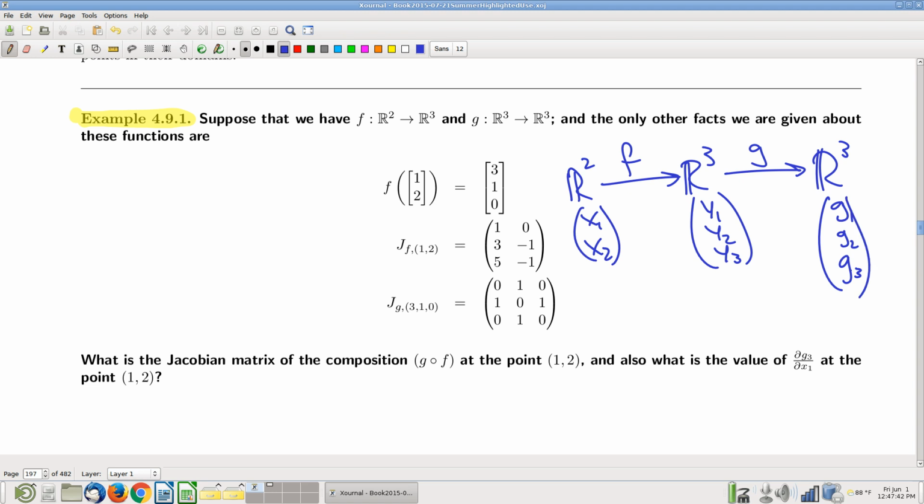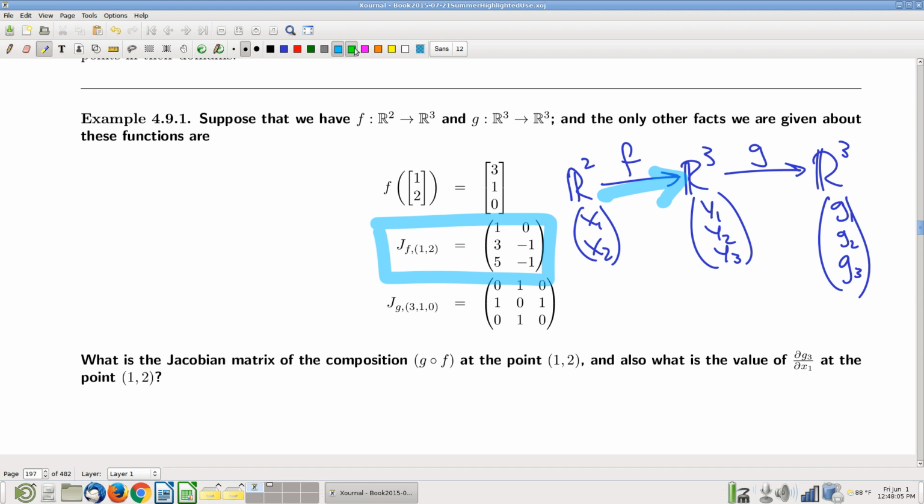Okay, so notice we are given these Jacobians. We are given, in the statement of the question, that the Jacobian of f is, for that function there, that matrix. Recall the Jacobian is made up of a bunch of partial derivatives. Don't forget how the partial derivatives are organized inside of that Jacobian matrix. We talked about that last time.